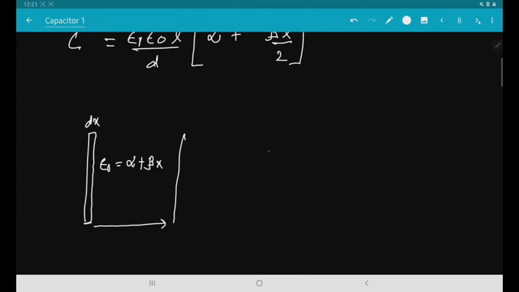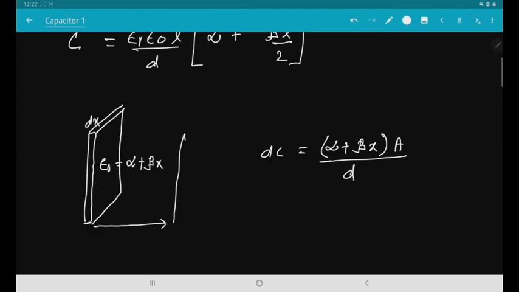But now this dC again we can write as epsilon R, that means we will have alpha plus beta x into area divided by D. Now here the area will not be changing, because this area will remain the same throughout the integration.